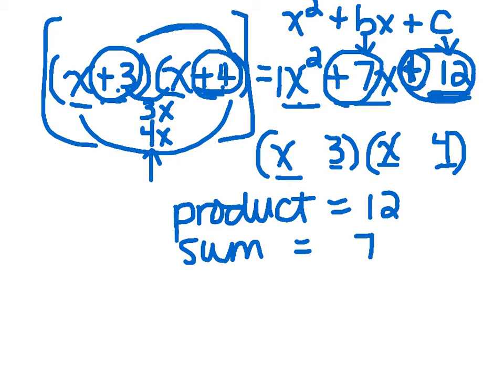If I multiply numbers together and get a positive, that means the signs are the same. This plus sign in front of 12 doesn't mean these signs are both positive. It means that they're both the same. And since when I added them together, I got positive 7x, that means they're both positive. So c positive means the signs are the same, and the sign of b tells us what they are.